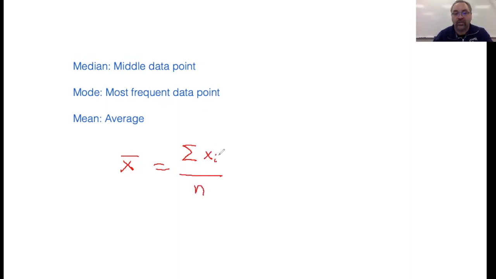So the sum of the x's, and divide by the number. That's what average is. That's all that is, but this is a little notation that you need to know for the mean.